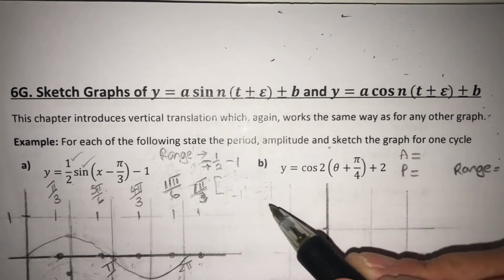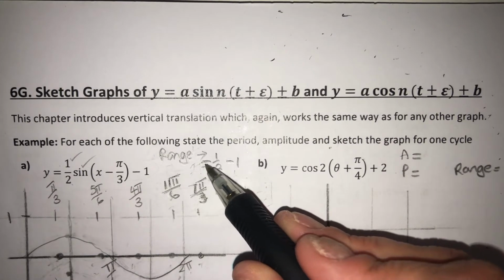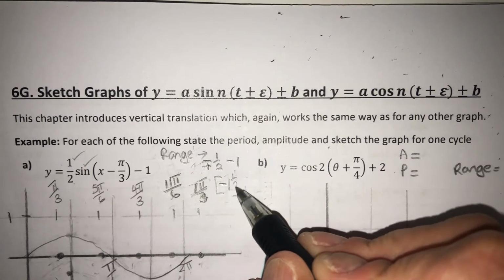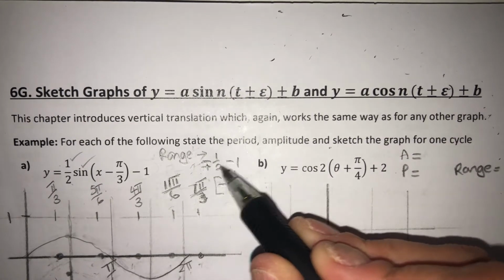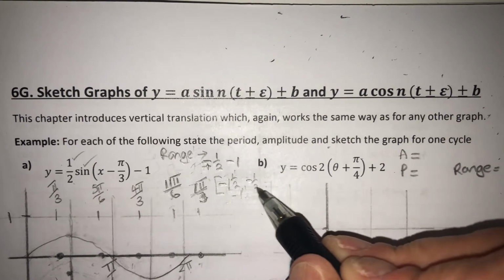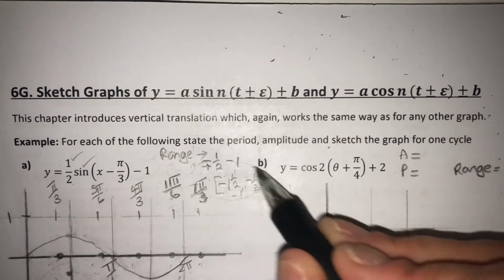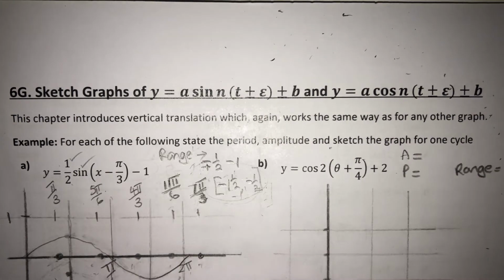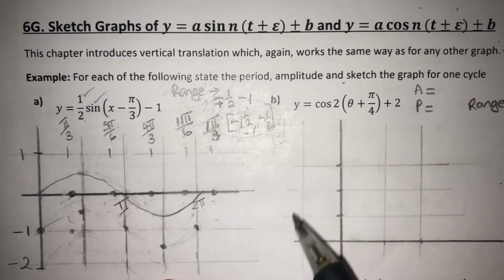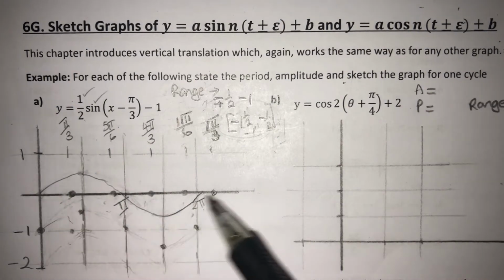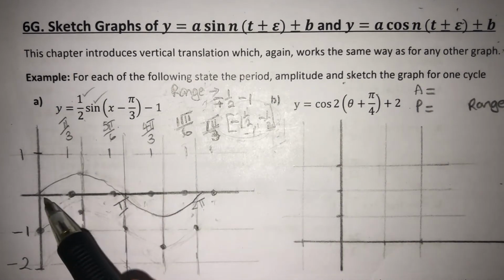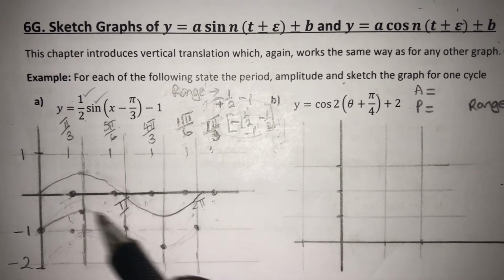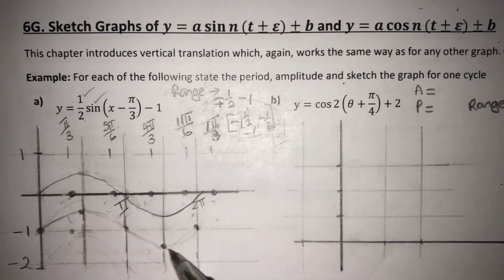If you'd like to start by doing it that way, minus a half minus 1 is -1.5, and plus a half minus 1 is minus a half. So you should end up with the range being between -1.5 and -0.5. So we have the half drawn from the start. Then we've gone down 1, and I'll just do that softly as well here.